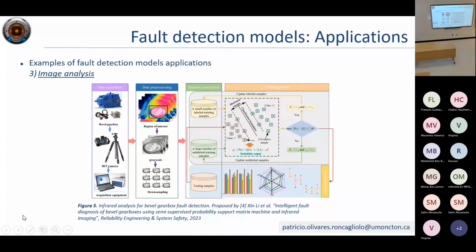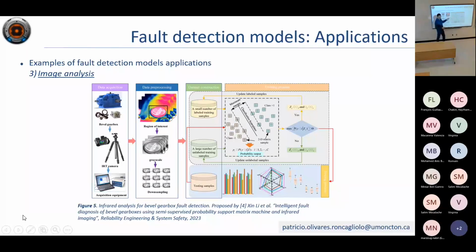And the last example that I want to show you is this one. In that case, they are using infrared images in order to check the bevel gearbox state and any failure that can come from that. So once again, the idea here is trying to capture data. In this case, the way to acquire the data will be using infrared images. Later, you have to preprocess these images. In that case, they are using grayscale, selecting the region of interest of your data.